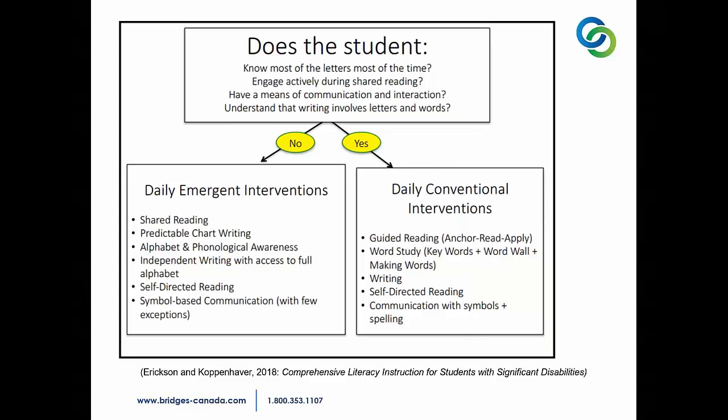If you answer yes to all of those questions, then your student would benefit from daily conventional interventions. It doesn't mean that they're necessarily conventional readers and writers yet, but that they are moving towards that, and the interventions you would use would be the ones on the right. If you answer no to those questions, then you would want to use the daily emergent interventions.